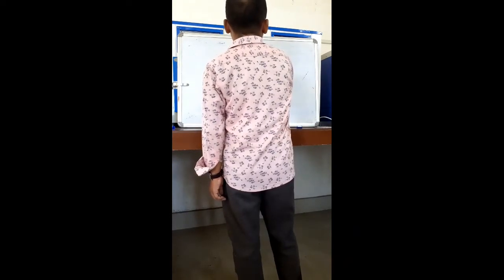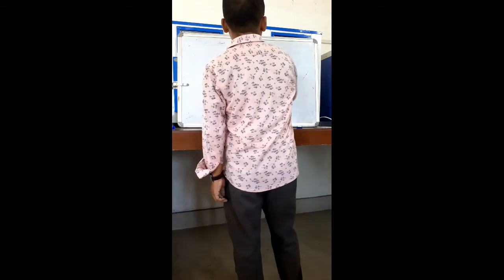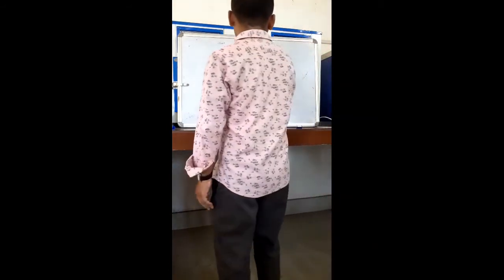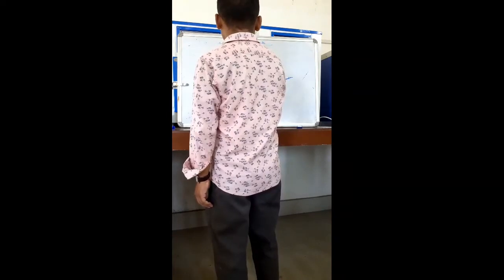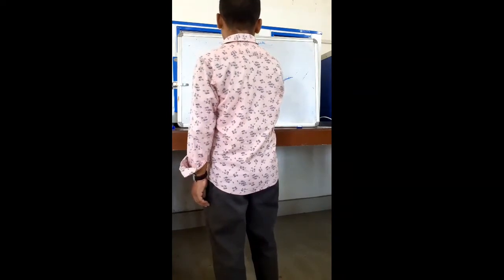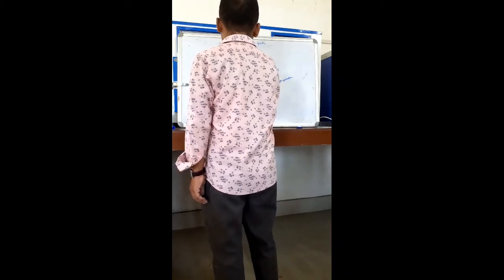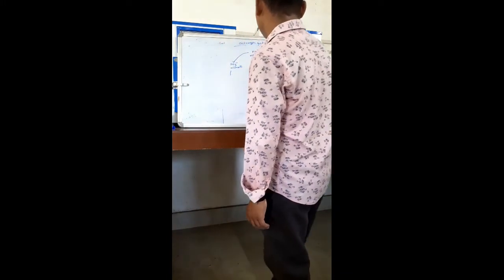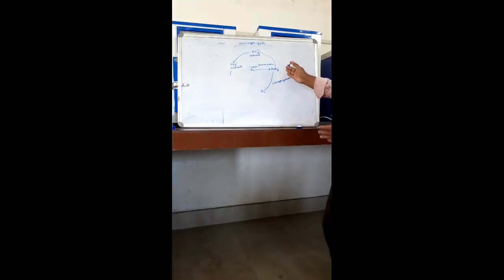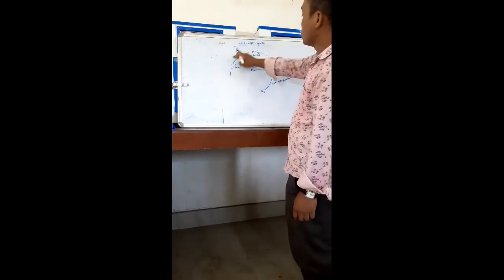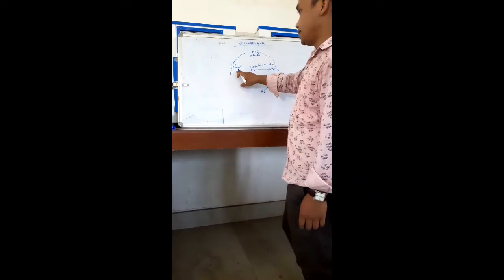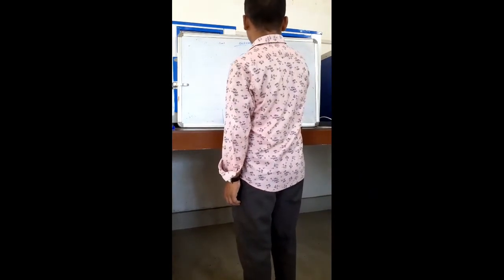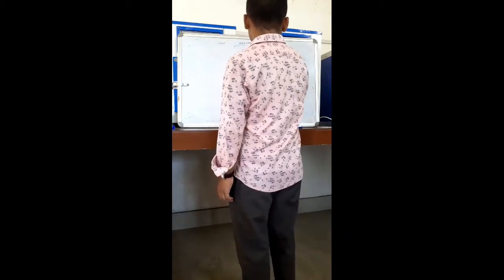From ammonia it produces nitrite, and from nitrite it produces nitrate. This whole process from ammonia to nitrate is known as denitrification.